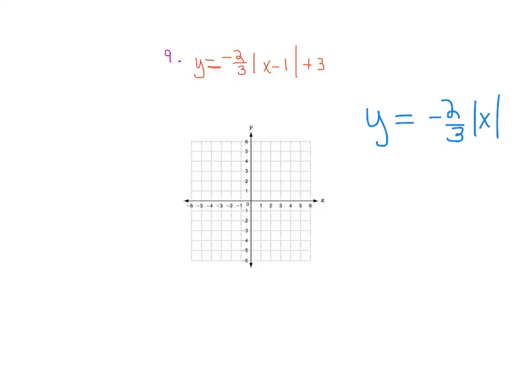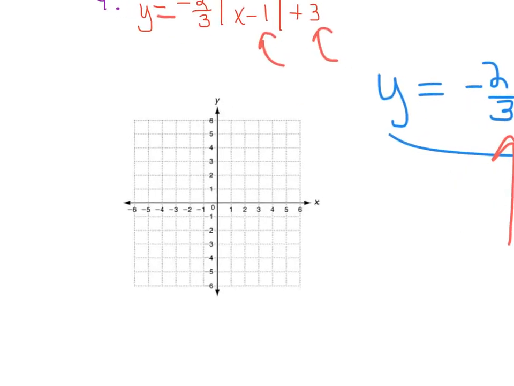After we graph this one, we're going to shift our graph 1 unit to the right and 3 units up. So I'm going to graph first the graph of negative 2/3 absolute value of x. Notice the negative sign indicates that it's a flip or a reflection across the x-axis.